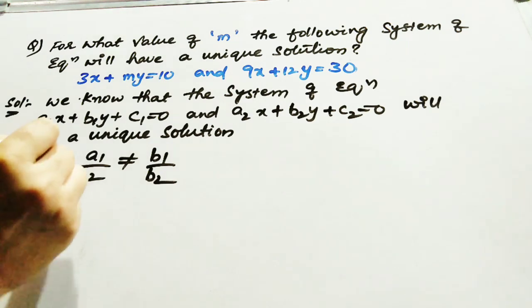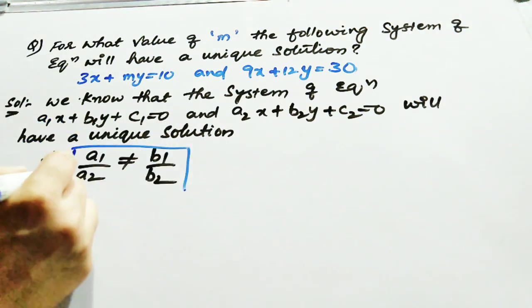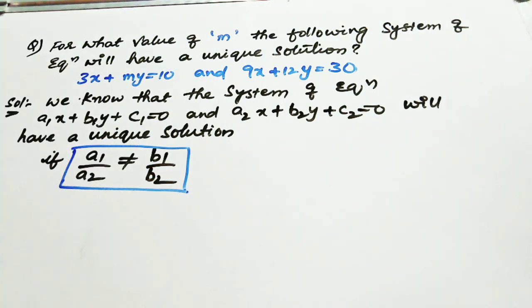When will you have a unique solution? When a1 upon a2 is not equal to b1 upon b2.